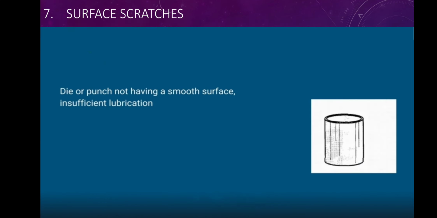The next one is surface scratches. Basically these are simple scratches because of the two moving parts, the punch and die. There will be some rubbing, right? If the die or punch does not have a smooth surface and sufficient lubrication is not provided, scratches will be produced.